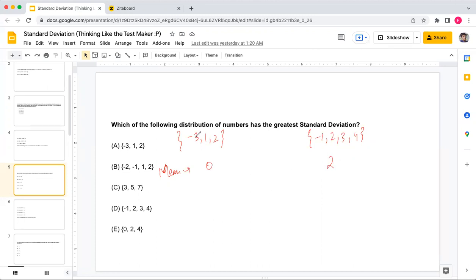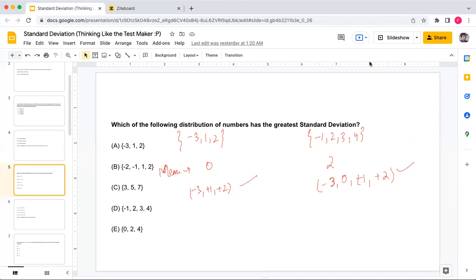Now see the deviations. -3 is how much below 0? -3. This is +1 above, and this is +2 above. And if you see this one, 1 is 1 below the mean, 2 is 0 below, 3 is 1 above, and 4 is 2 above.